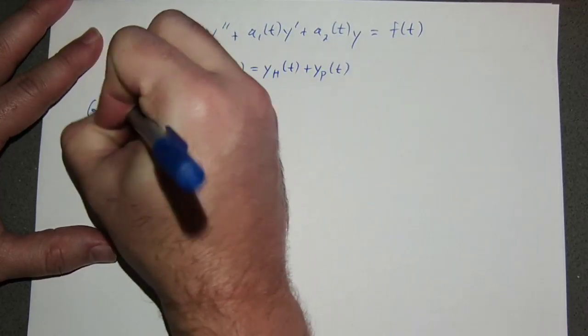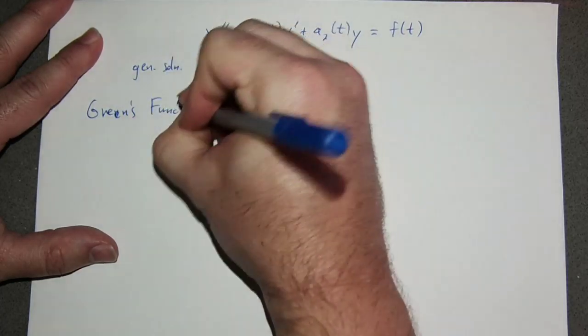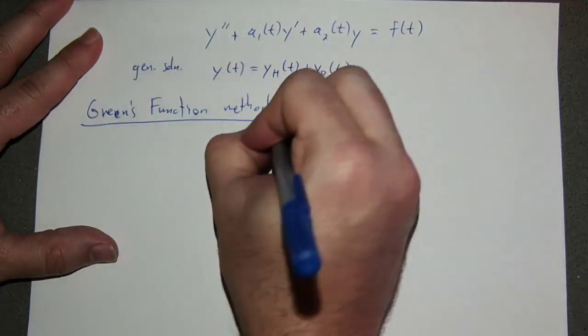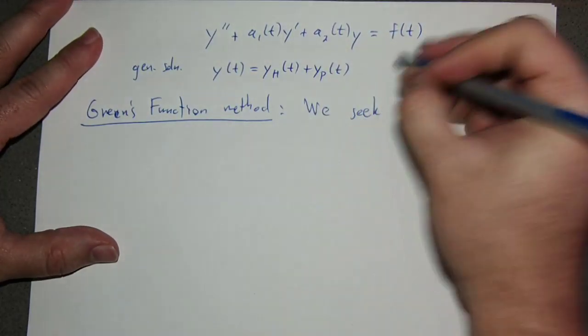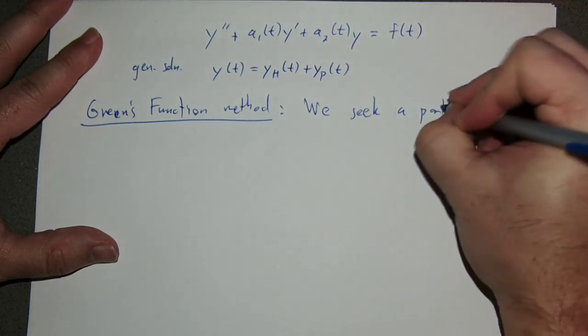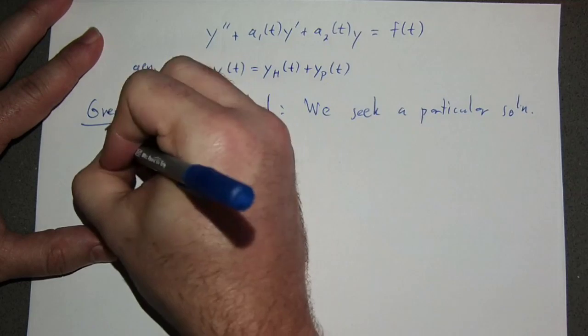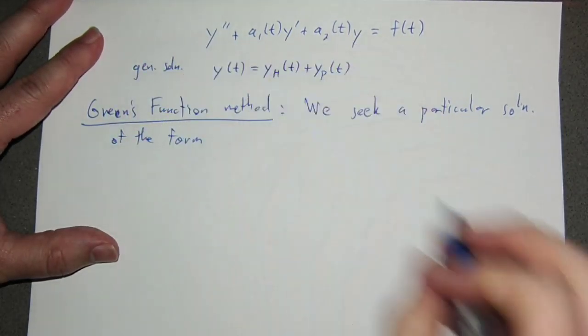Now, for the Green's function method, we seek a particular solution of the form given as follows.